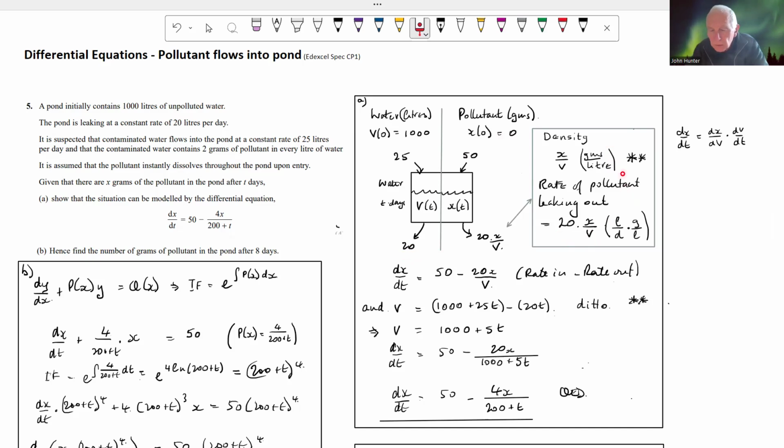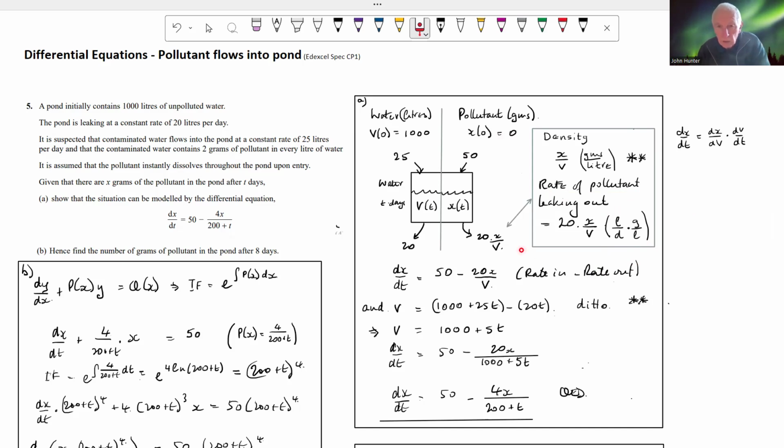If you want to convince yourself that the density is in grams per liter, and the rate of leaking out is in liters per day, L divided by D, then when we analyze the units, the liters cancel out and we just end up with grams per day, which is what we want: the rate of pollutant leaking out. That's a good check, just to check that the units cancel correctly.